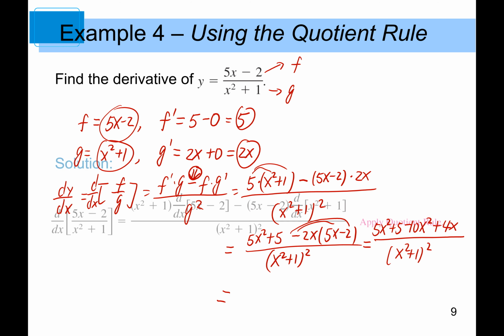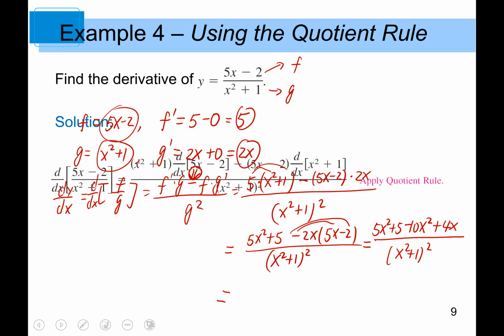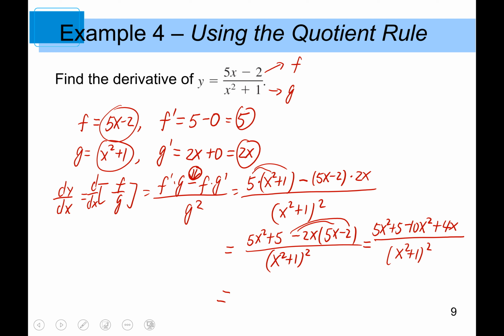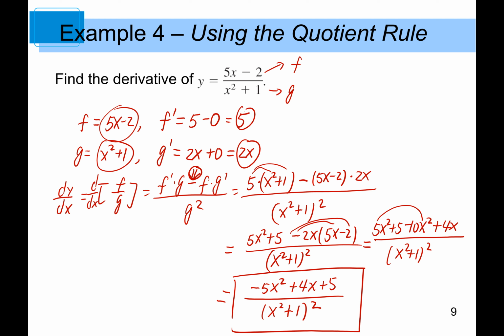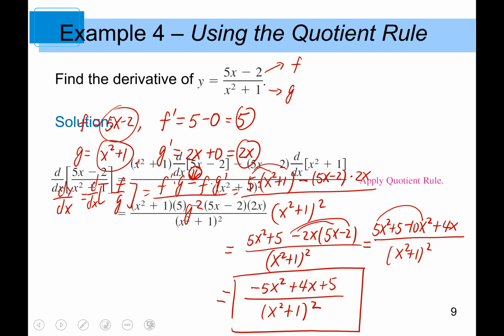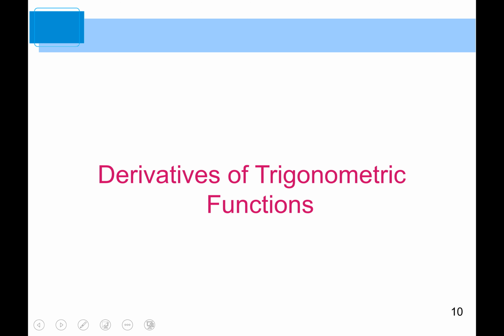Then combine like terms: 5x squared minus 10x squared is minus 5x squared, plus 4x plus 5. So that's the numerator, and the denominator is x squared plus 1, squared. So that's your final answer. Make sure you apply the rule properly, and you should end up with the correct answer.